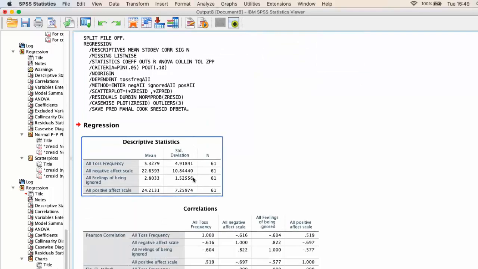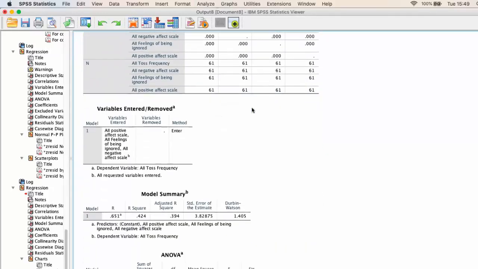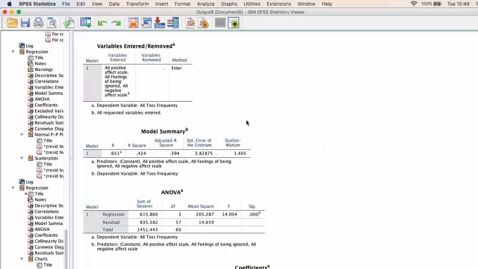Cool. So is this one. Almost. Oh yeah, this is the one. So you check out your model summary table. You got your Durbin-Watson. For this one, you want it to be between 1.5 and 2.5.